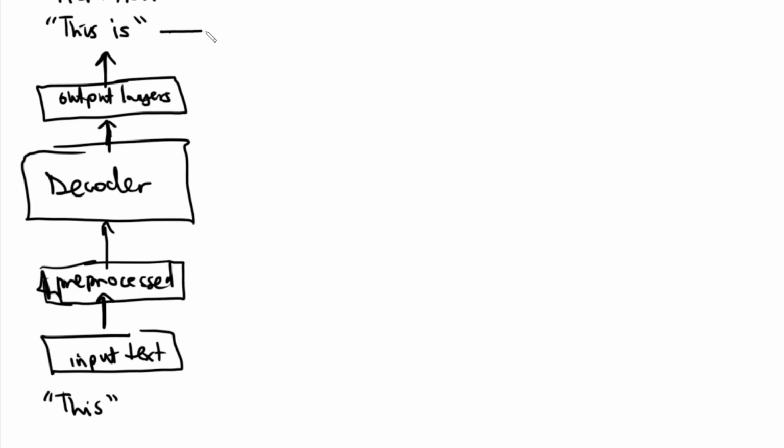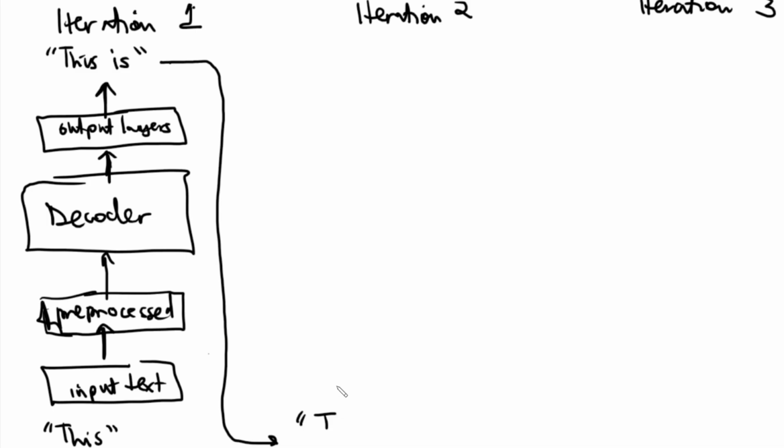It then takes this output from iteration number one and puts it in as the input for iteration number two. So if I can just scroll up, you see that now we are on iteration number two, and it becomes something like "this is".